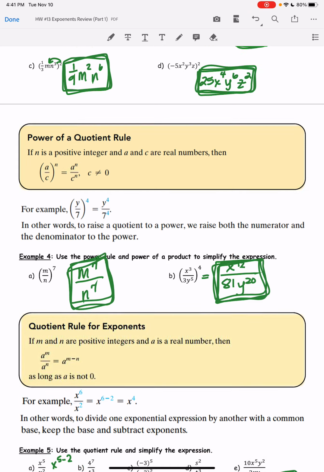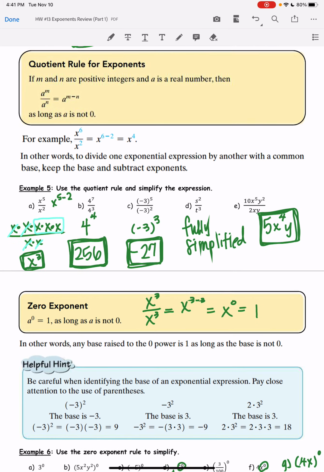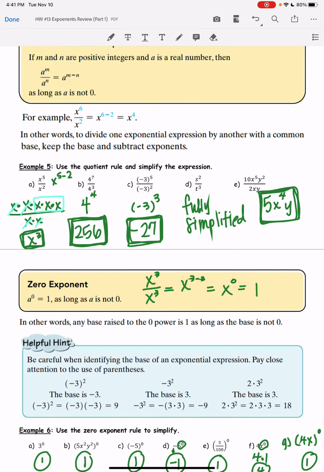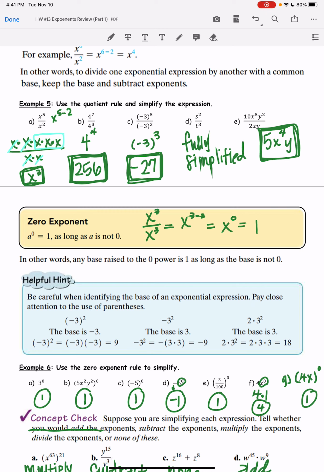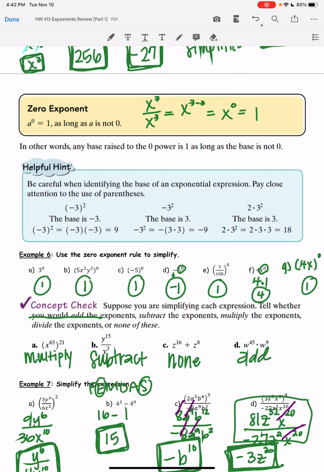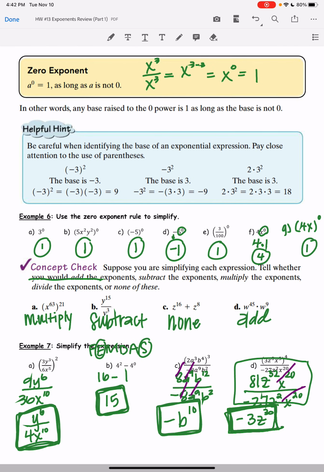That's quick. Quotient rule, you're subtracting. Boom, that's quick. Zero exponent, anything to the 0 power is 1. That's even quicker. So you do have 20 problems for this assignment, but they should not take you a lot of time, like with rationalizing the denominator. These are quick. So it's a lot more problems, but hopefully it will take you even less time than it took you to do 8 problems with rationalizing the denominator.